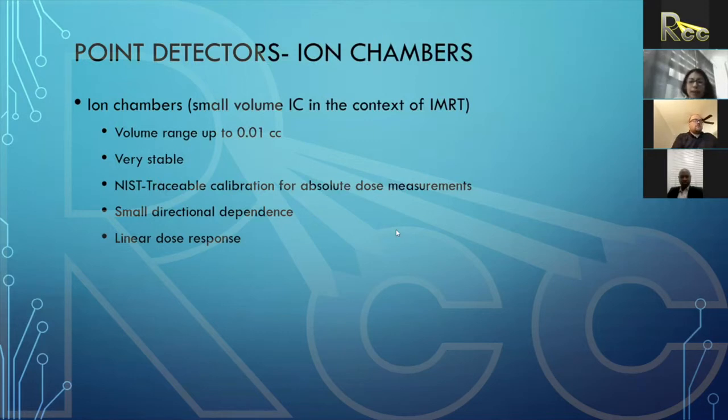What are the advantages that the ion chambers offer to us? In the context of IMRT, we need a small volume ion chamber. They usually range down to 0.01 cubic centimeters. They're very stable.